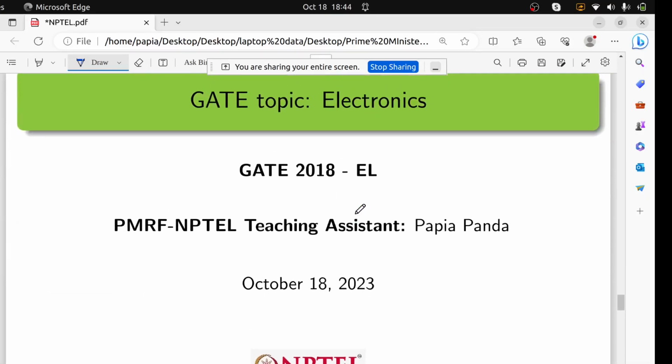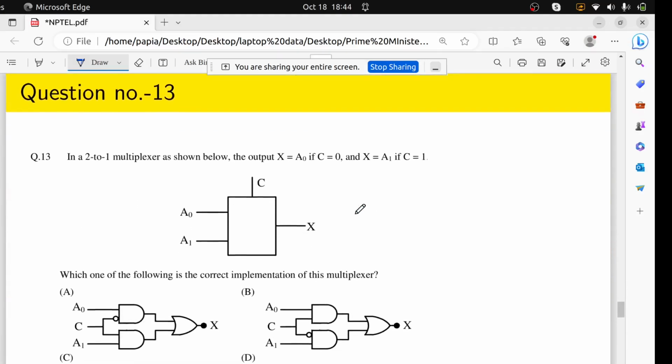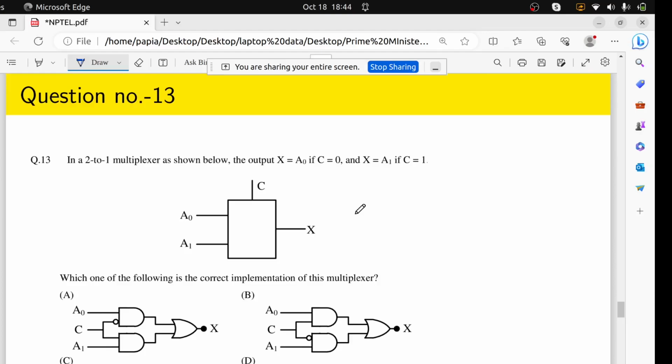This question I have taken from the GATE 2018 question paper, and it is question number 13. In a 2-to-1 multiplexer as shown below, the output X is A0 if C is 0 and X is A1 if C is 1. Which one of the following is the correct implementation of this multiplexer?